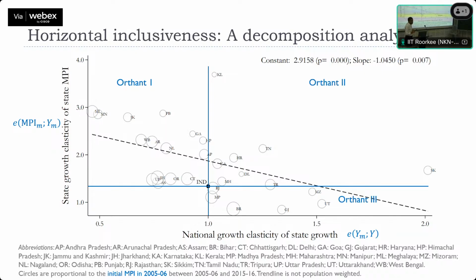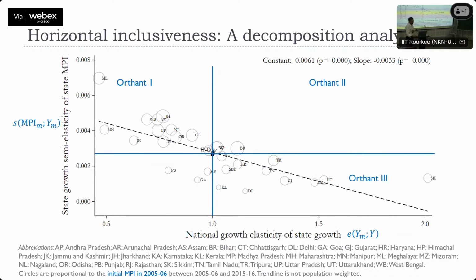We have three. What about the short-term one in the previous year? The short-term one I just discussed, no? In the short-term one you have West Bengal and UP. They had much slower growth, but they had much faster reduction in MPI.